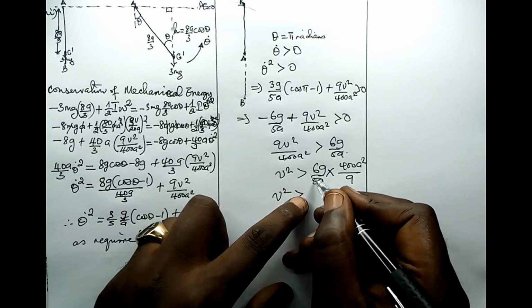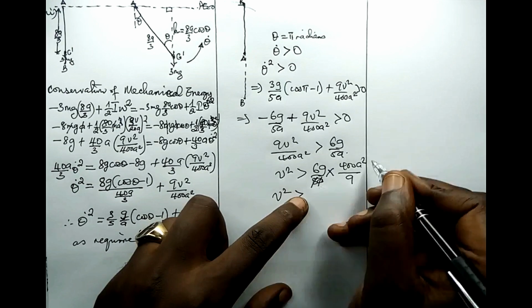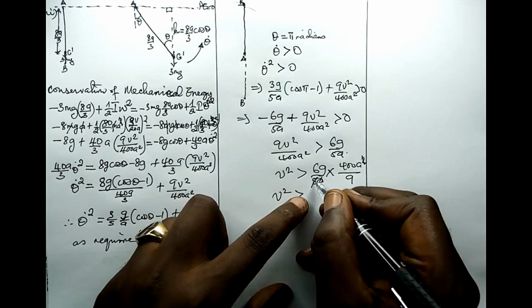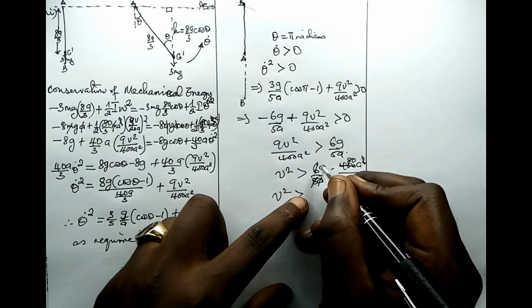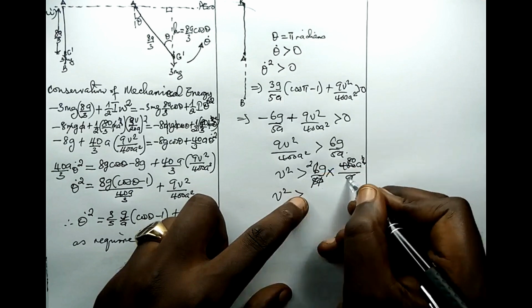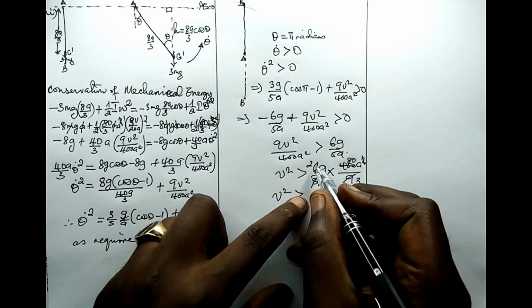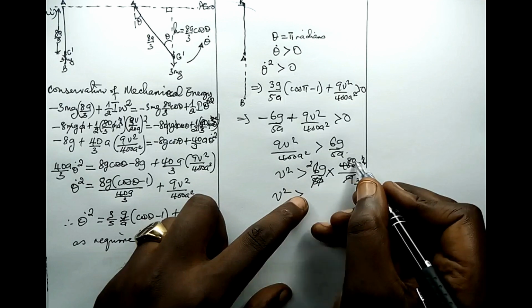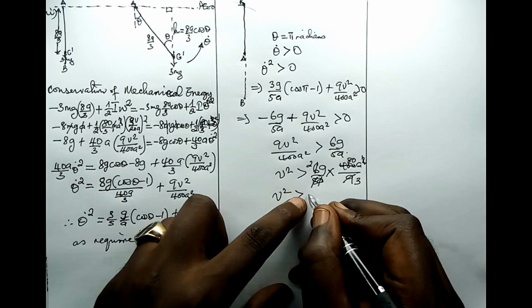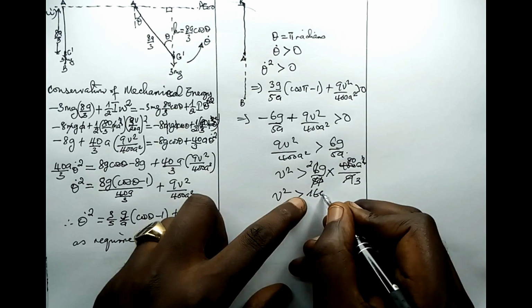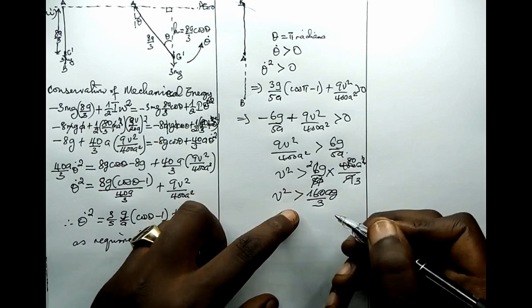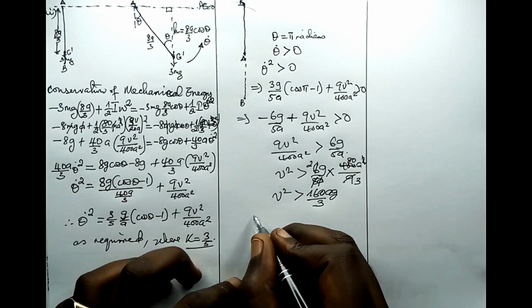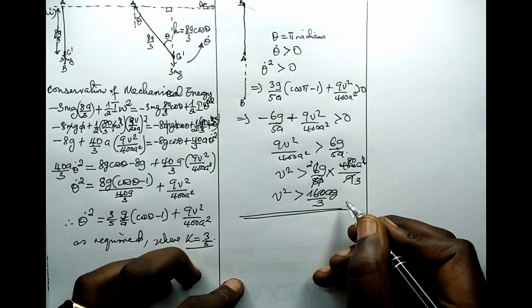If we cancel, 5 will cancel 400 to give 80, a cancels the square, 3 cancels 6 to give 2, and 9 to give 3. Overall, 2 times 80 is 160, so 160ag all over 3. And so this is the set of values of v squared that they are asking for.